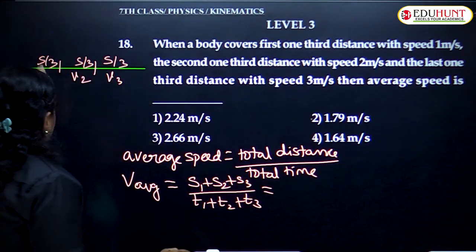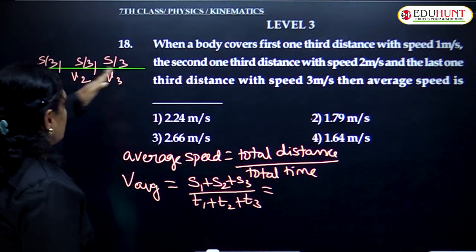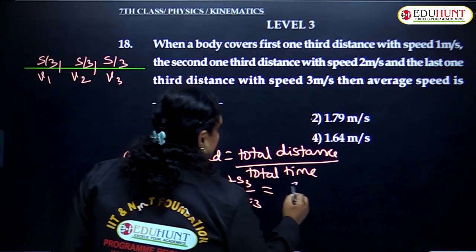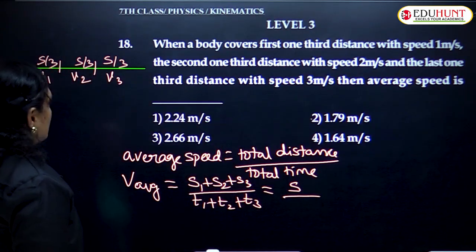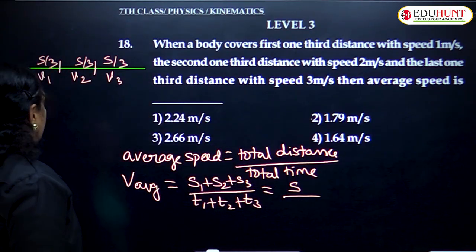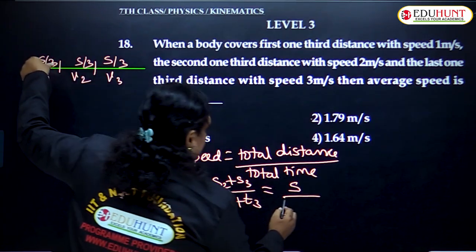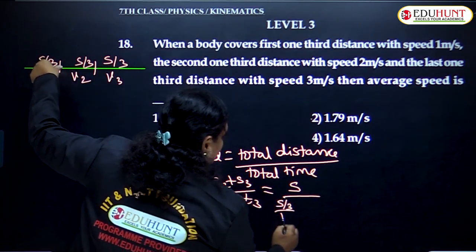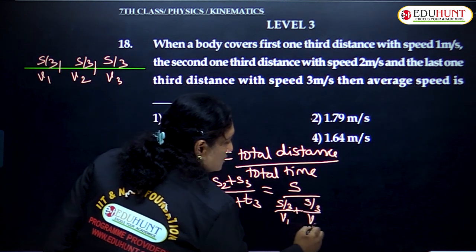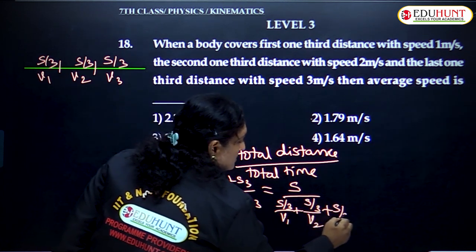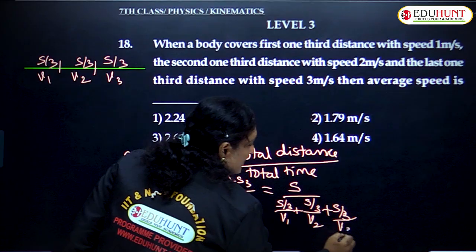What is the total distance? S by 3 plus S by 3 plus S by 3. 3S by 3 is nothing but S. And instead of time, I can write distance by speed, since time is equal to distance by speed. What is the distance here? S by 3 by V1 plus S by 3 by V2 plus S by 3 by V3.